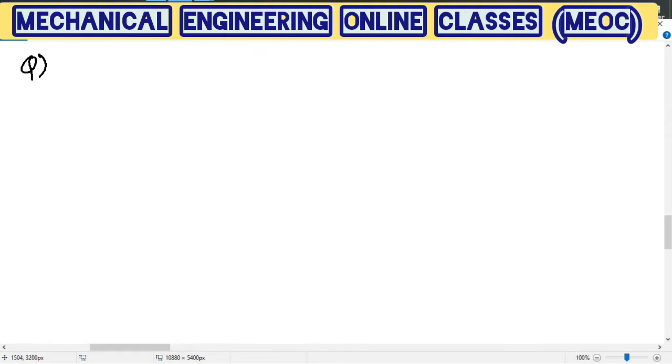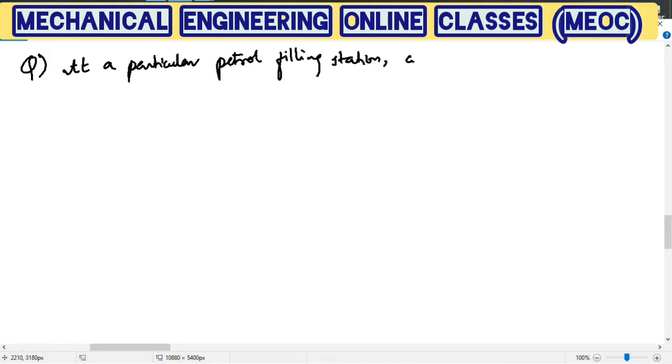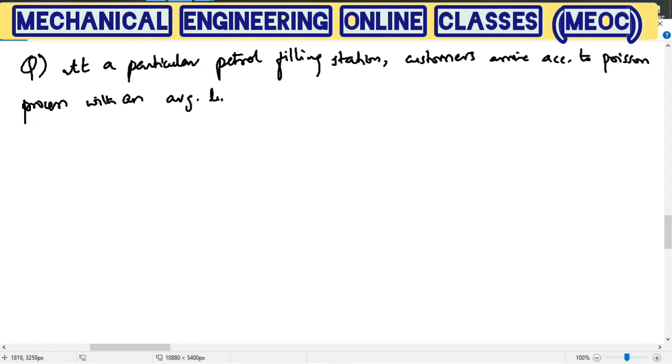Let us solve a problem. The question is, at a particular petrol filling station, customers arrive according to a Poisson process with an average time of 5 minutes between arrivals.